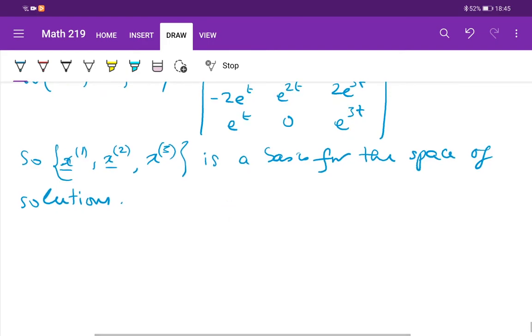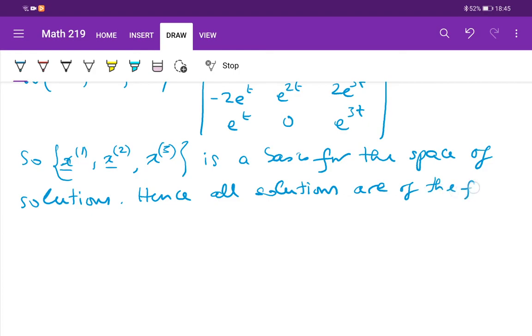Hence, all solutions are of the form C1 times x1 plus C2 times x2 plus C3 times x3. Okay, so this gives you the 3 by 3 case.